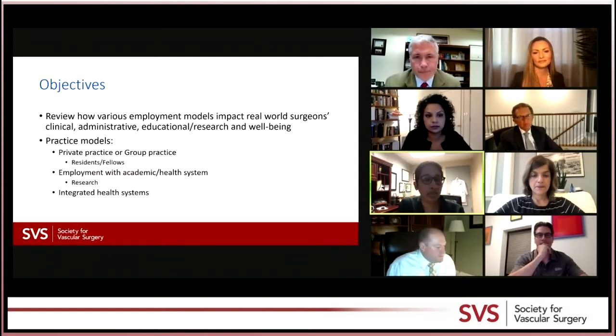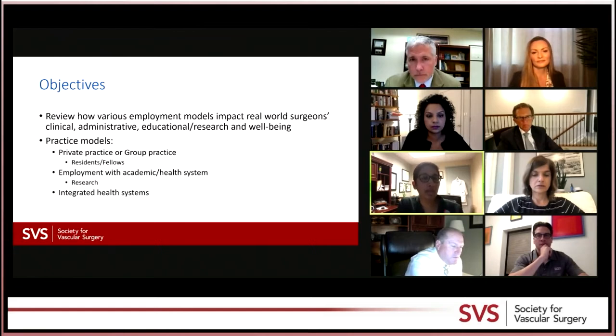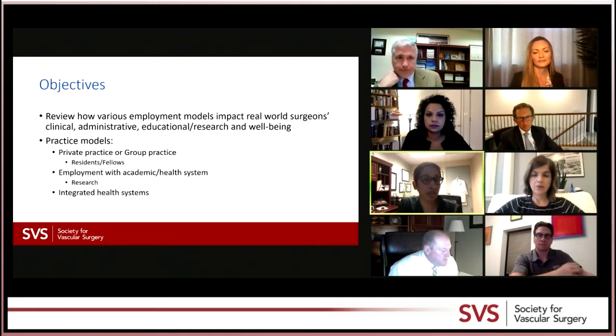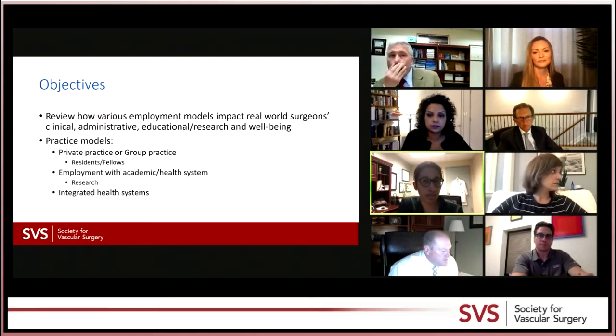The various models, and these aren't all the models, but just some of them that we're representing today, are private practice, solo, such as Dr. Santine described, versus private practice in more of a group setting, as Dr. Sampson mentioned. These groups sometimes utilize residents or fellows, or primarily physician extenders.